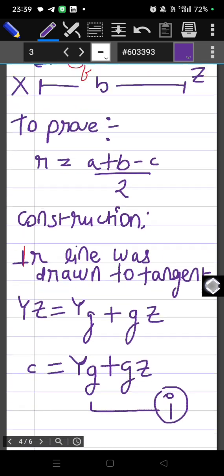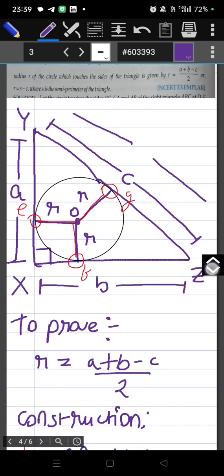So now we will use this theorem, as I have already said.